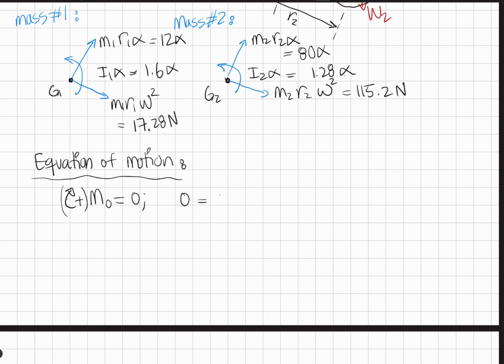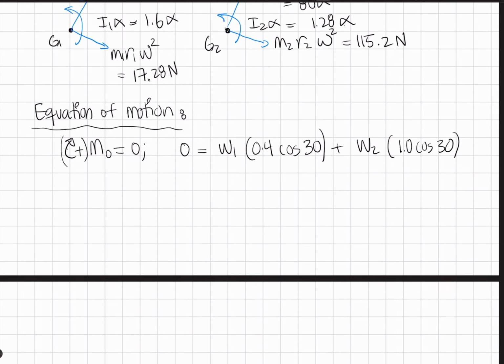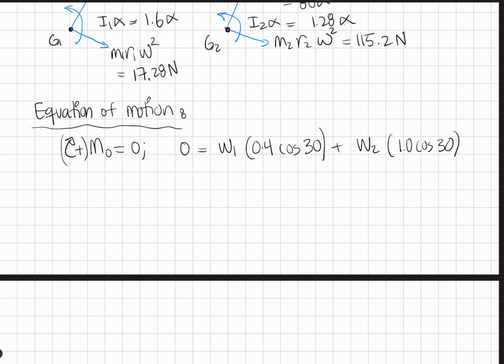So we have W1, weight 1, times 0.4 cosine 30. That gives us the horizontal shadow of the first component of the rigid body. And then we have W2. And then we want to incorporate the inertial components.